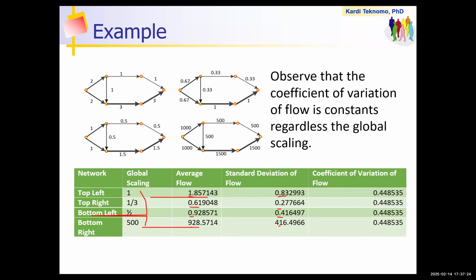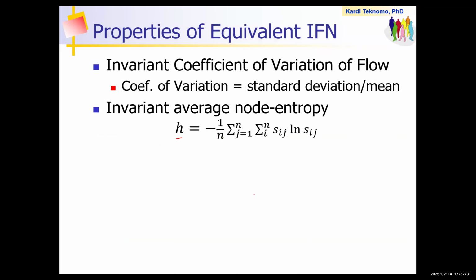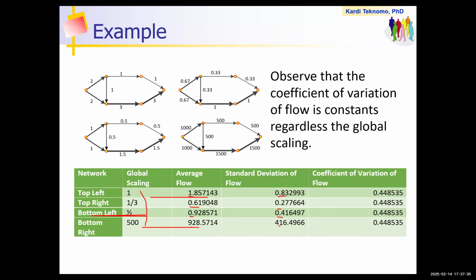But look at the interesting part here. If you divide, remember, standard deviation divided by the mean now, you will get all the same value. So can you understand the meaning of invariance now?